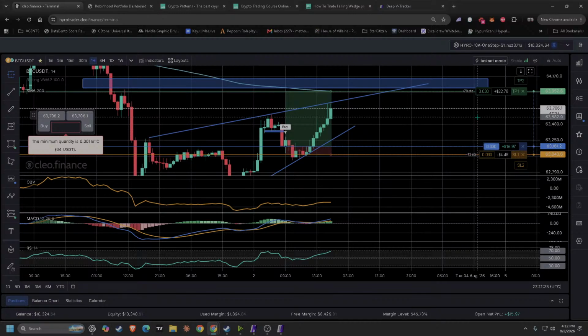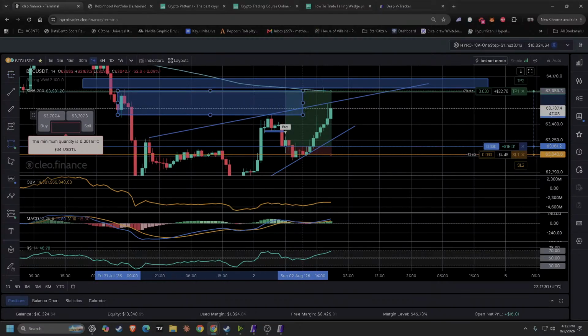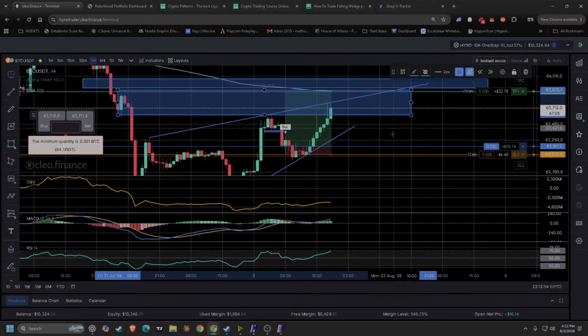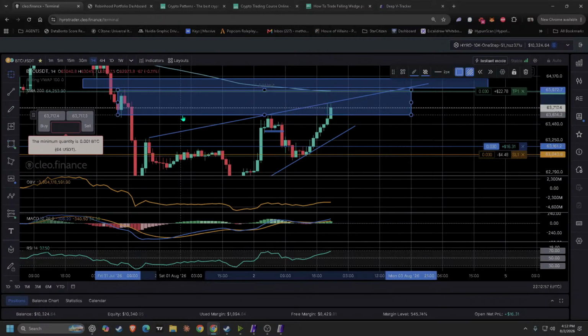There's a reaction expected here and some consolidation, because this is going to be a supply zone. That's where sellers stepped in to push the price lower. And about 50% of that box is where we're going to see reaction.